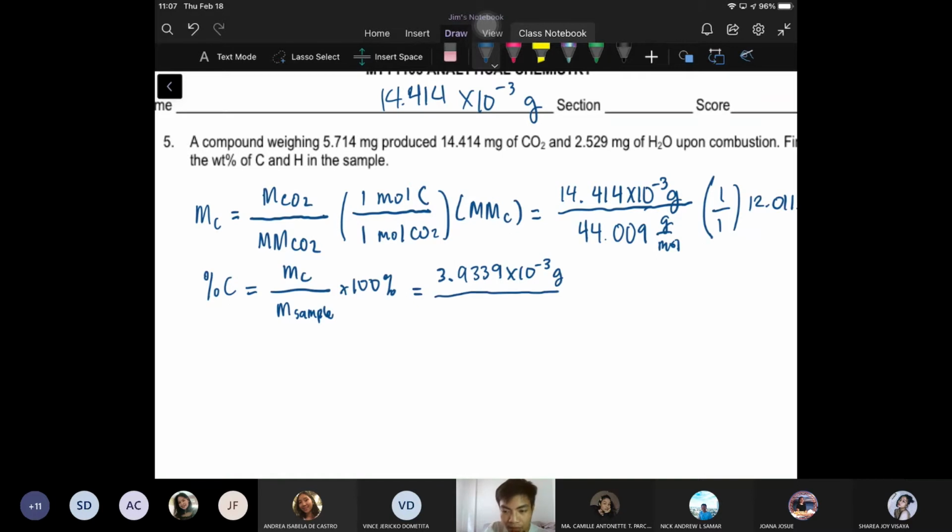Yung mass ng sample mo ay naka-milligram, so convert mo yun to grams. 5.714 times 10 raised to negative 3 grams. Ganun lang yung shortcut pag nagko-convert from milligram to gram, maglagay ka lang ng times 10 raised to negative 3, times 100%. Okay? Let me solve that.